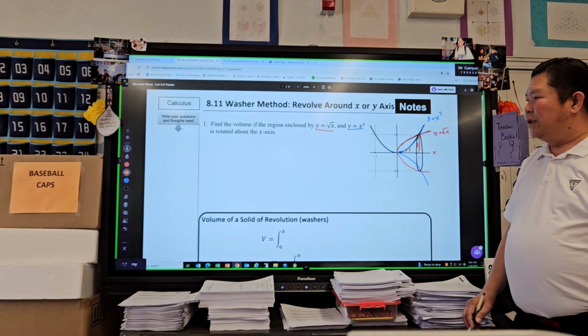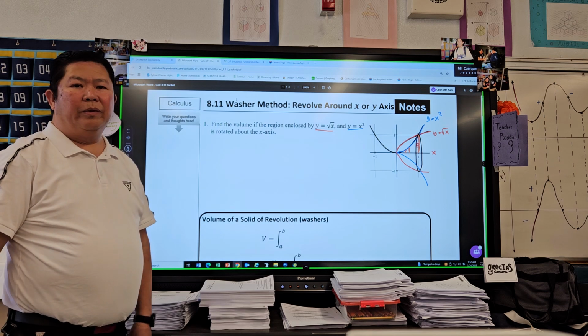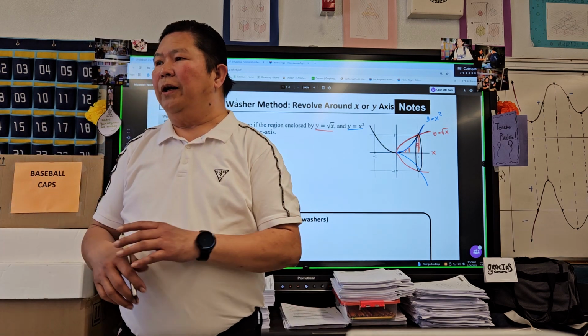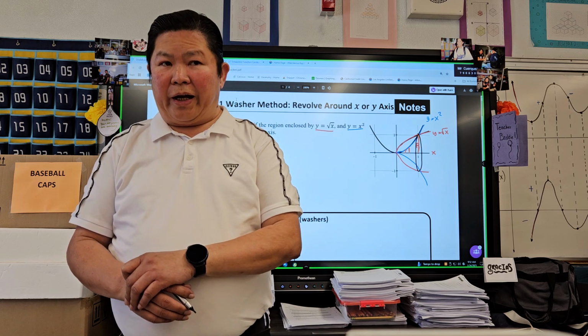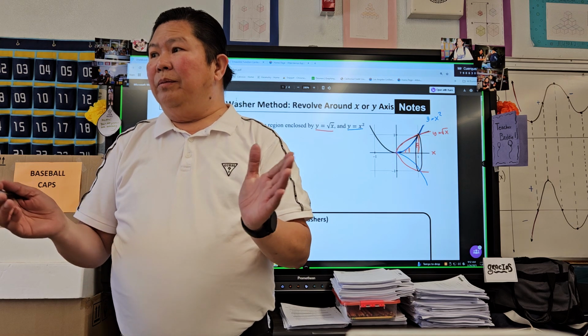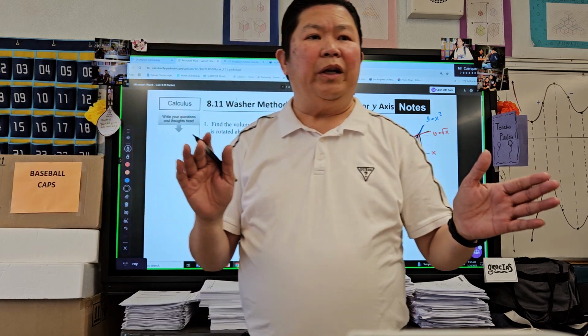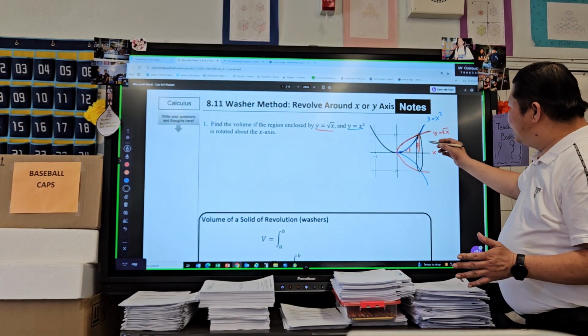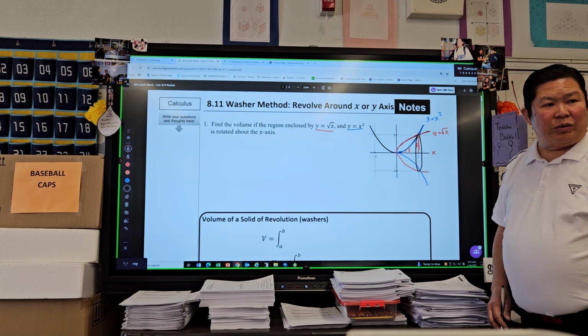So back to the formula for volume from last time. Can you recall the formula? It's gonna be pi r of x squared, right? But this time you must be careful, because we have two r's right here, the big R and the small r.